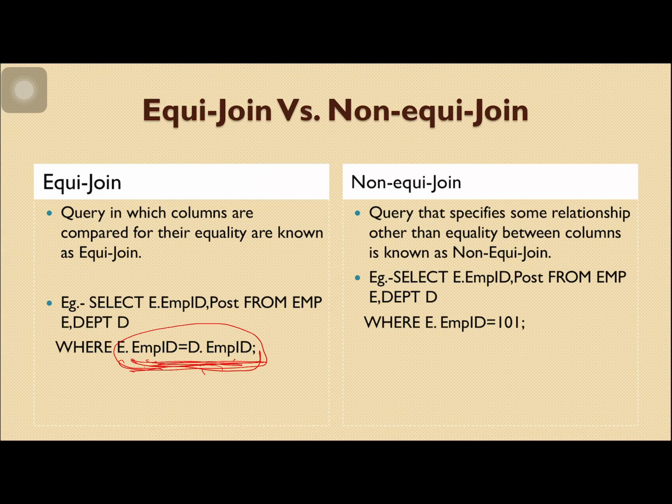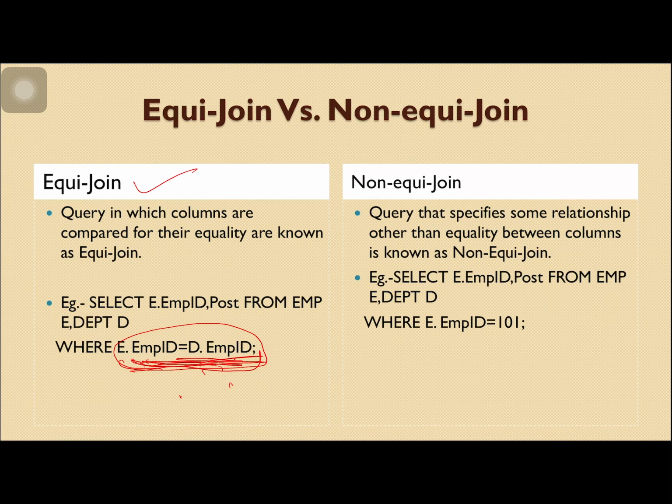We are checking the condition as per the equality of the employee ID column of both tables. Here we are using two tables to check on behalf of their equal column. So this type of join, where we use particular columns for checking equality, is known as equijoin.